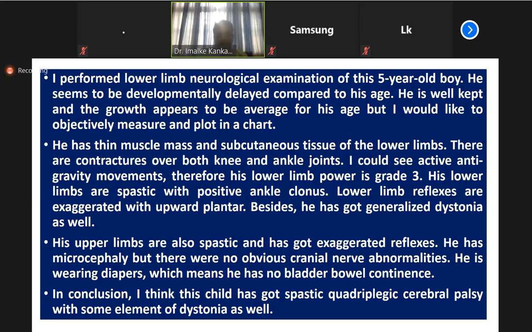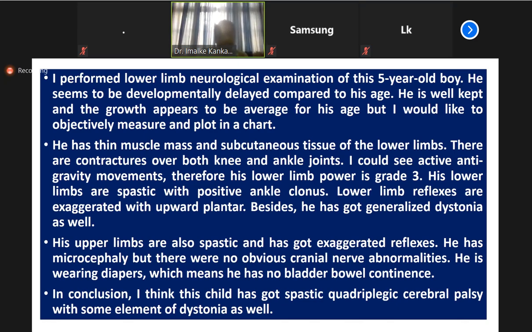I could see active anti-gravity movements, therefore his lower limb power is grade 3. His lower limbs are spastic with positive ankle clonus. Lower limb reflexes are exaggerated with upgoing plantars. Besides, he has generalized dystonia as well. His upper limbs are also spastic with exaggerated reflexes.